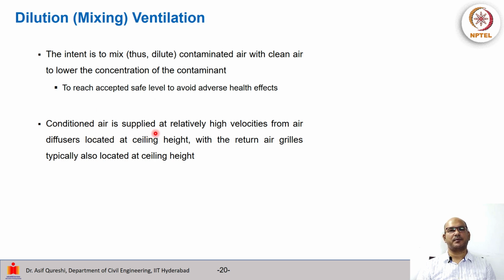Conditioned air can be supplied at relatively high velocities from air diffusers, for example, those located at ceiling height, and sometimes the return air can also be at ceiling height, and we can flush the indoor air with the outdoor air.